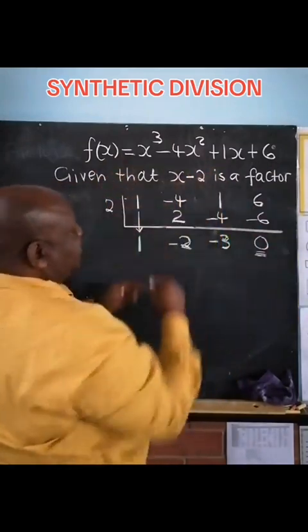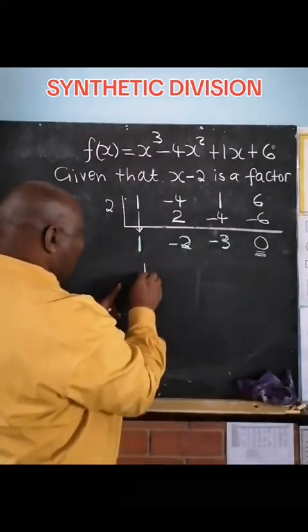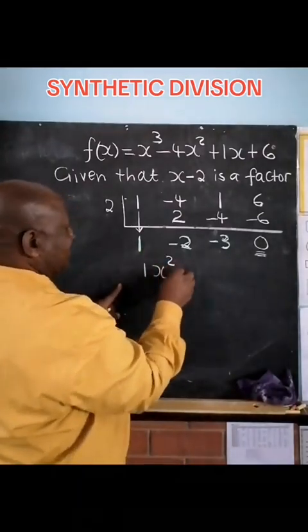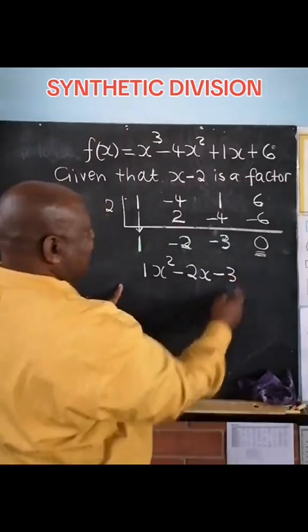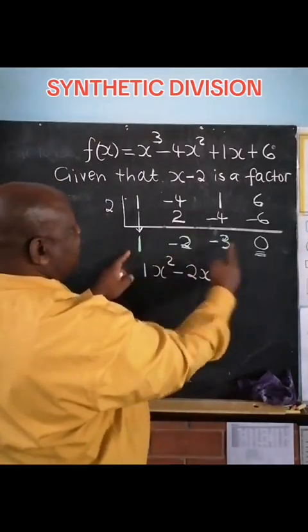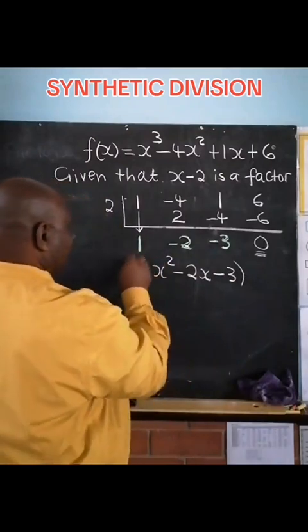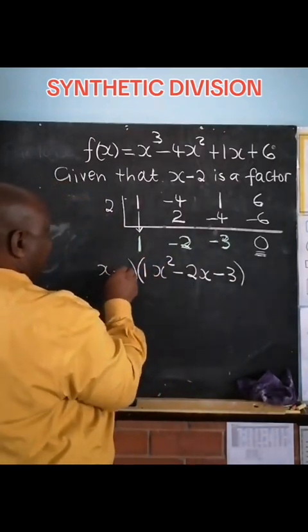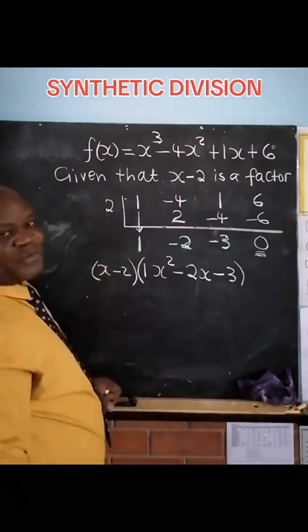And therefore, this one is actually 1x squared minus 2x minus 3. That is the quadratic factor that arises from that. So this in brackets should be multiplied by x minus 2, which already exists as one of the factors.